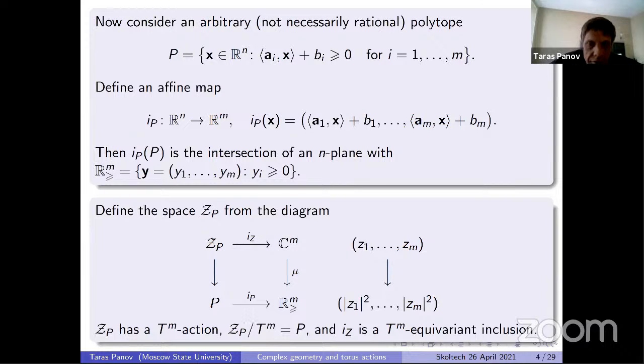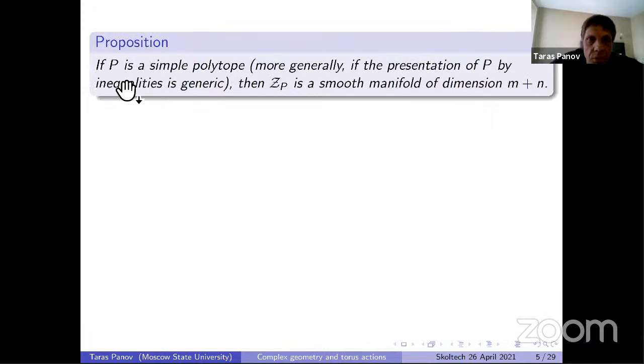And then of course you can say that this ZP is sometimes nicer than in other cases. Namely, if you start with a simple polytope, where simple means that it's generic in terms of the bounding hyperplanes.